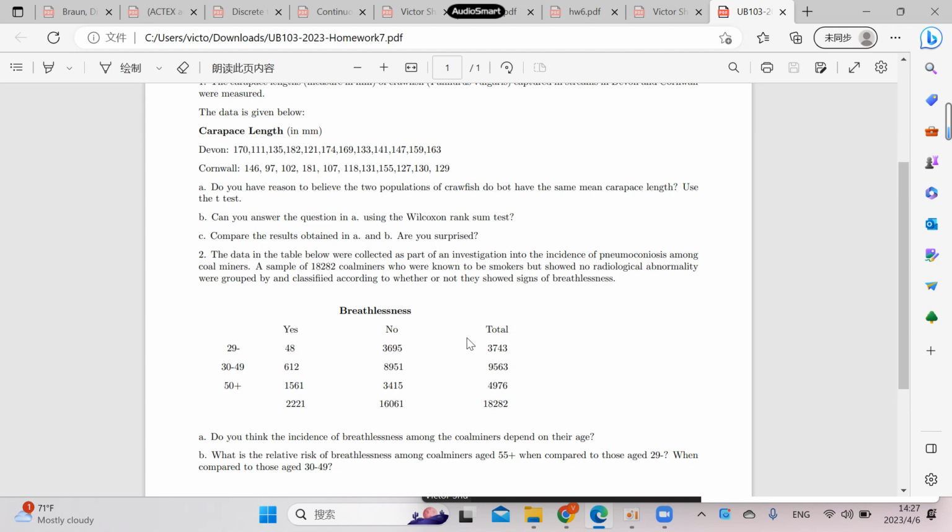The way to do this is pretty standardized. First, you find the mean and the standard deviation in Devon, and then you find the mean and standard deviation in Cornwall, and then you calculate what we call a pooled standard deviation. I think the notation is something like S squared P, the pooled variance.